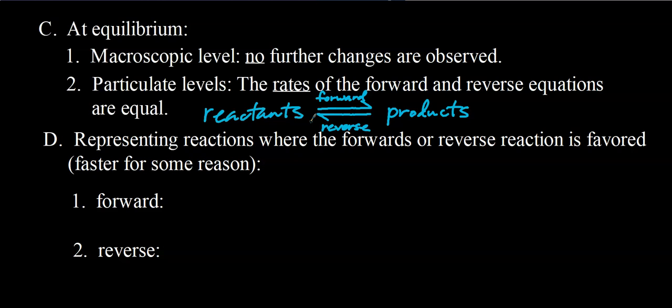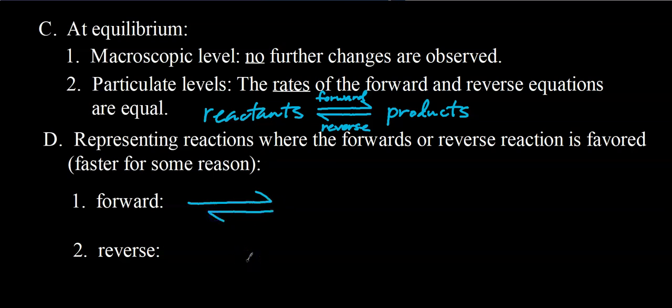So thinking ahead to Le Chatelier's principle, where you can apply a stress to a system at equilibrium, causing either the forward reaction to speed up or the reverse reaction to speed up, how do we show that? If the forward reaction is faster for some reason than the reverse reaction, we can show it like this.